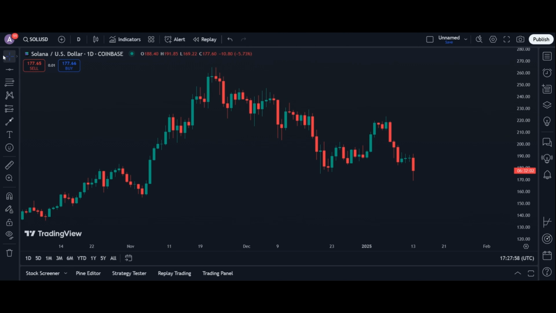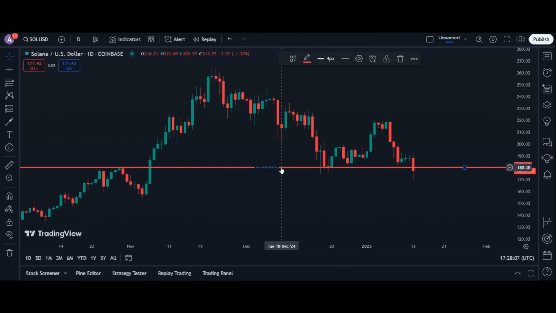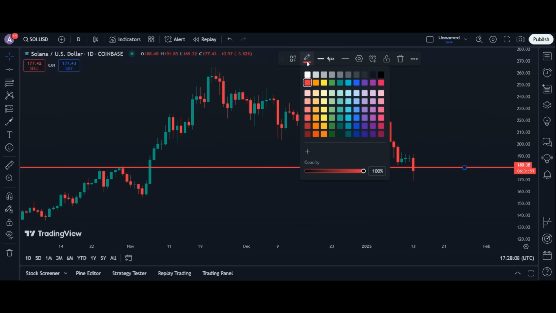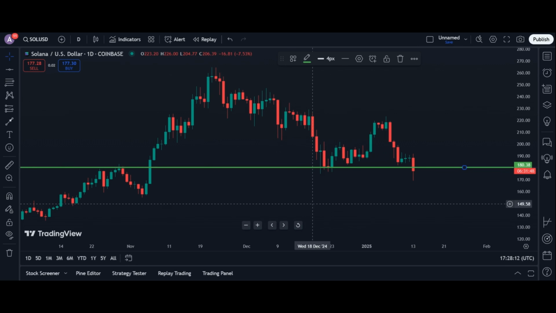So we can draw, let me use this horizontal line, we can draw the demand zone here, and let me change the color to green to convey the proper information.